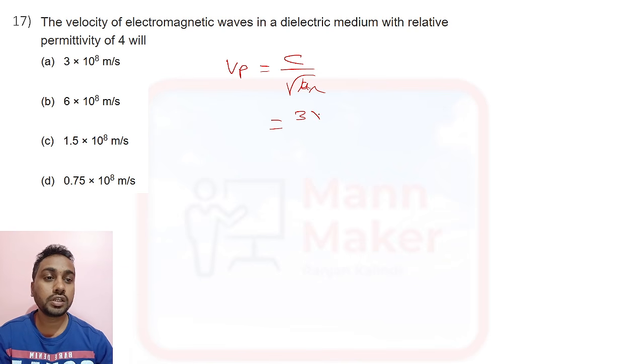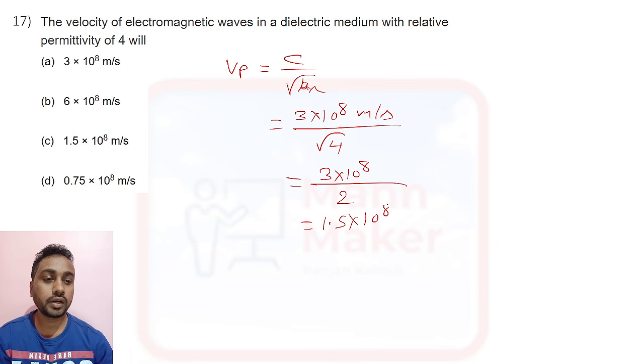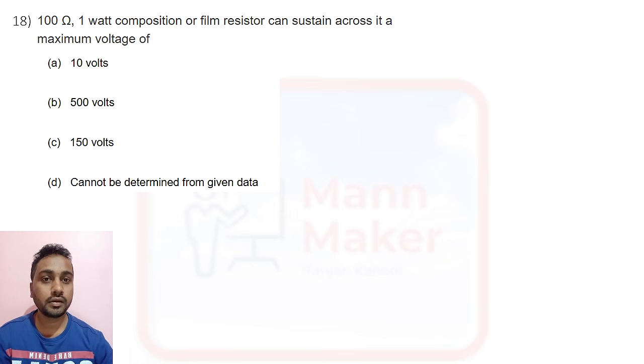So C we know, 3 into 10 to the power 8 meter per second, the velocity of light, and this is given 4. So 3 into 10 to the power 8 divided by 2, or we can write 1.5 into 10 to the power 8 meter per second. That is your answer, option C.